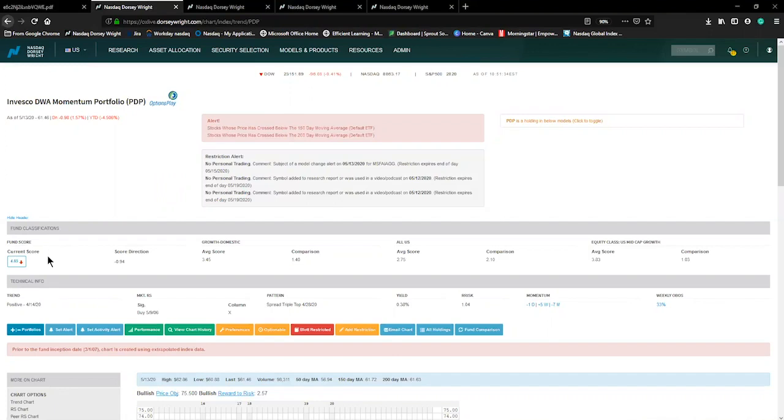This is going to be very similar to the technical attribute in terms of the location, right? Kind of measuring similar things, except, as we talked about prior, looking at it from a much more granular level. We'll take a look further under the hood momentarily. But we wanted to start with this example using PDP, the Invesco DWA Momentum Portfolio ETF, just to show you how to interpret this on the Dorsey Wright platform.